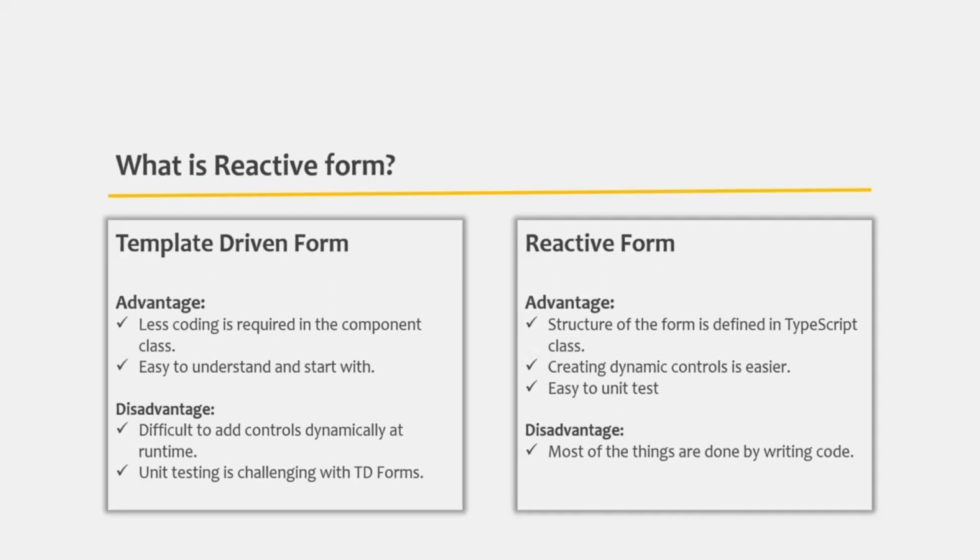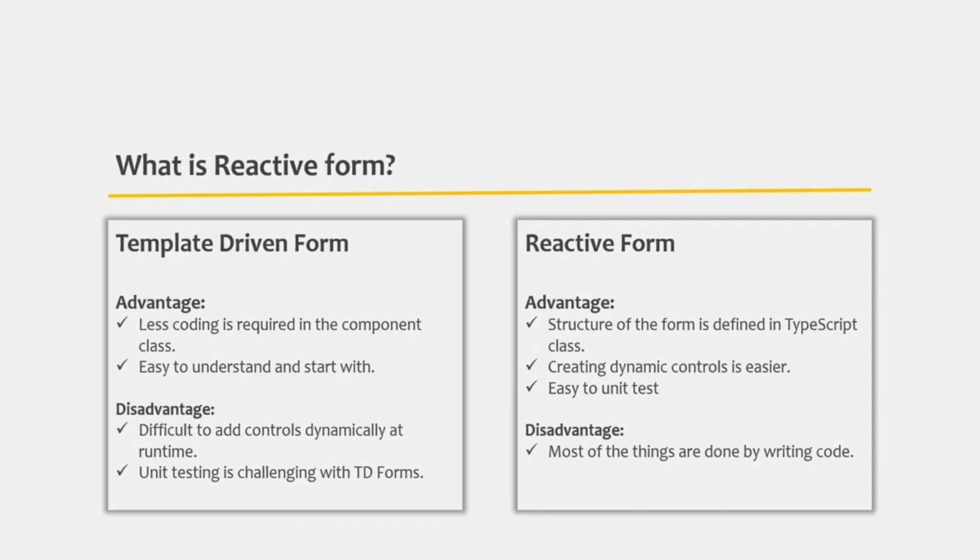Now we know that in Angular we can create forms using two approaches, either by using template driven approach or by using reactive form approach. And we have already talked about template driven approach in great detail in our previous section. Now in this section, we will learn how we can create forms and form controls using reactive form approach. Now, when we use reactive form approach, we define the structure of the form in the component class.